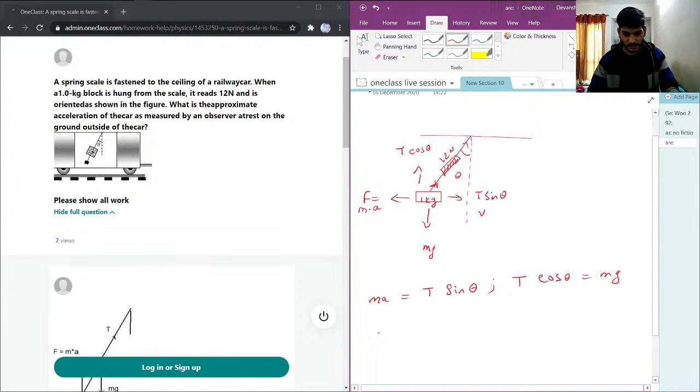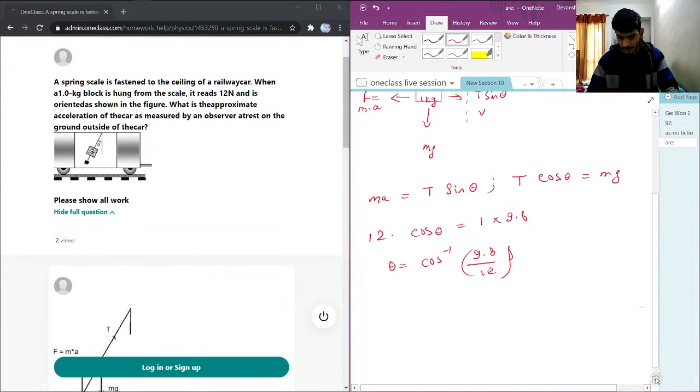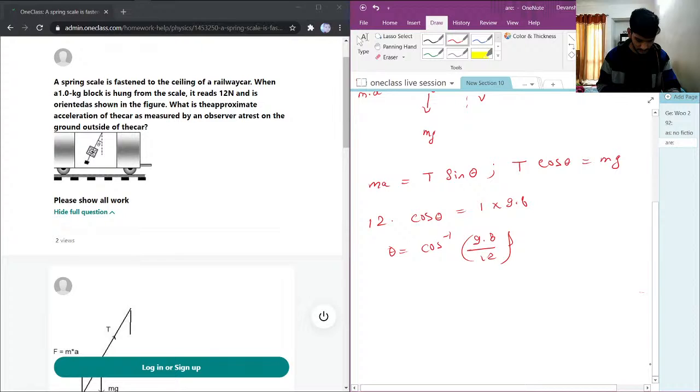I know the value of T: 12 cosine theta is mass times 9.8. So cosine theta will be 9.8 over 12.